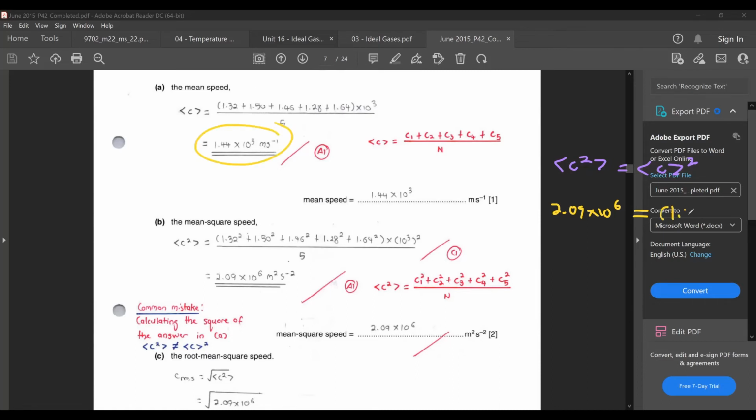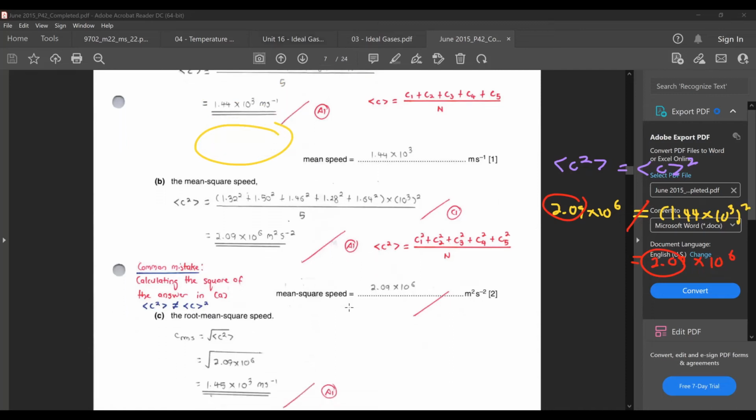If you take 1.44 times 10 power 3 and you square it, you will notice that your answer is nowhere the same. You're going to get 2.07 times 10 power 6. Not the same: this one is 2.09, this one is 2.07. So just be careful about that.